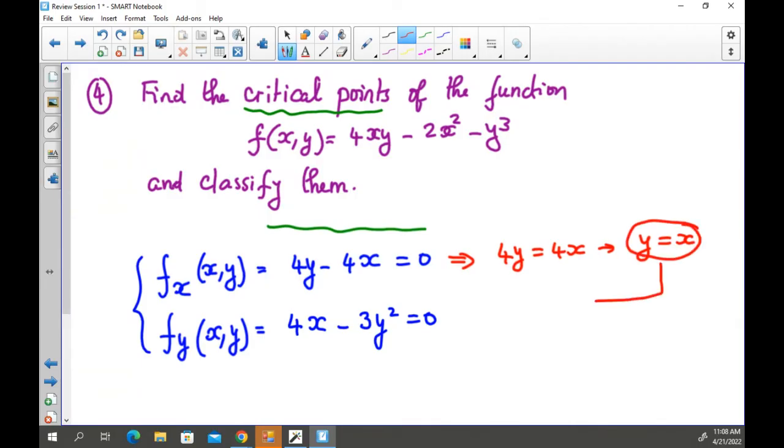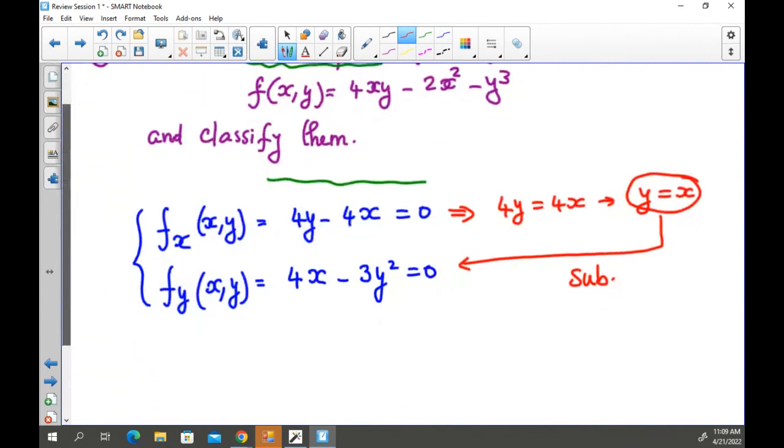And then I substitute this in the second equation, like that. One way of doing it. There are other ways also. You could add the two equations together to cancel the x's. That's also possible. So now that means it becomes 4x minus 3x squared equal to 0.